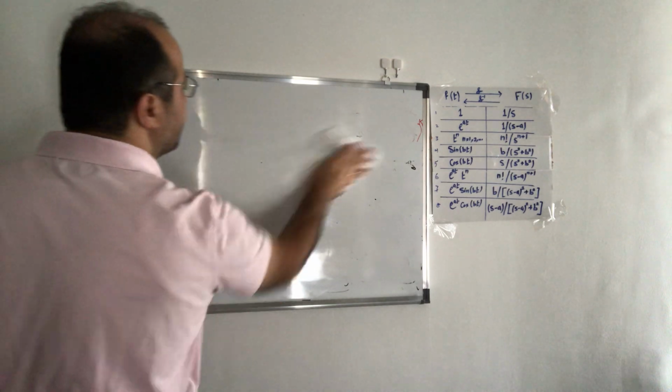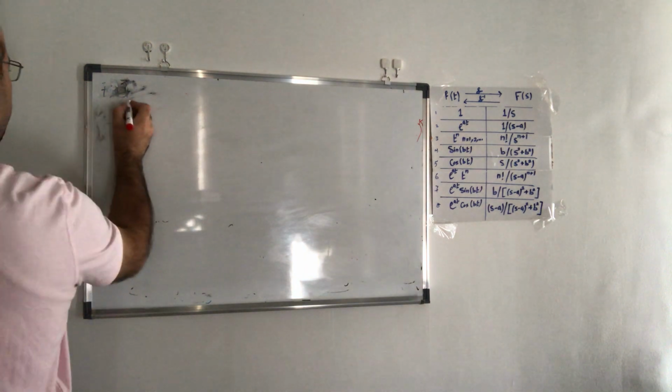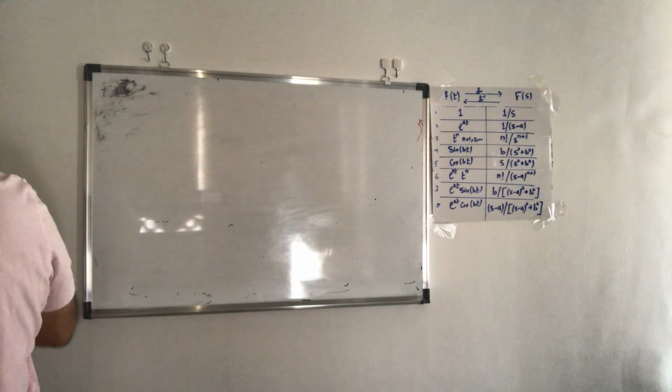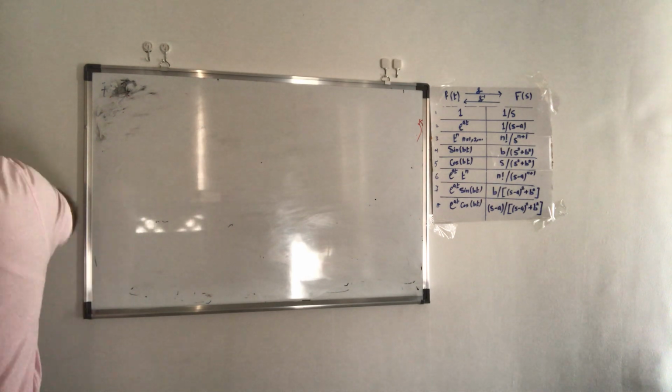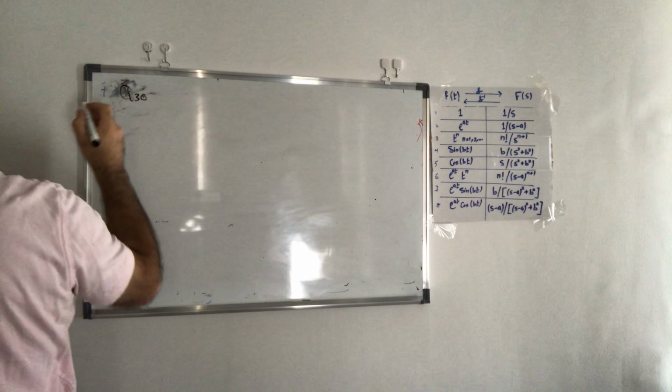Let me solve more questions on this. One on this, at least one question. Let me solve question number 30 in the book. It says, here is question 30. Still asking the same thing.